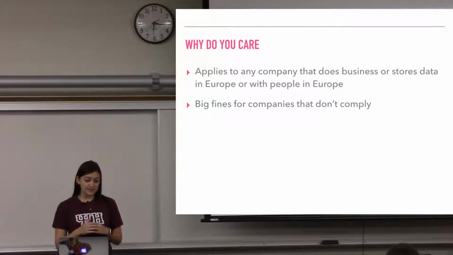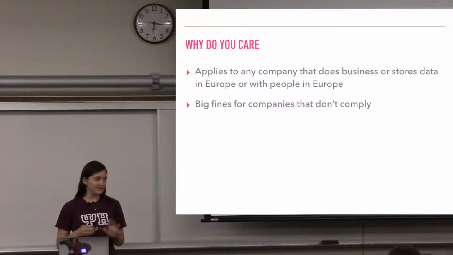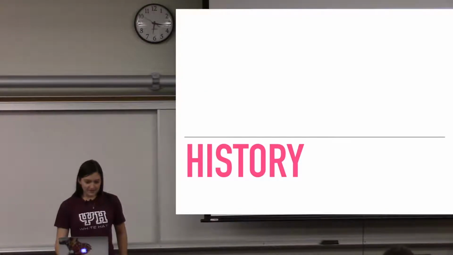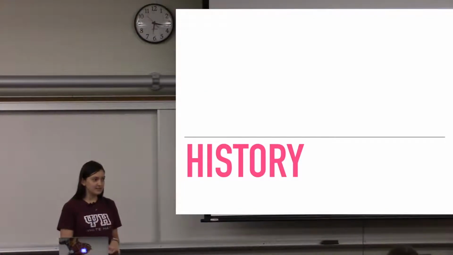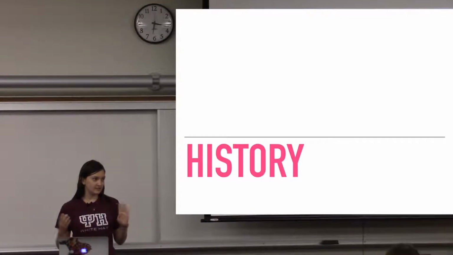And they implemented some really big fines for companies that don't comply, that apply to companies that are outside of Europe. I have the exact numbers written later, but very big fines that a lot of people are very worried about. So before we get into that, though, I'm going to talk a bit about the history and how we got here, the history of privacy regulations in Europe, and a little bit in the United States, and how those have led to the situation we're in today.